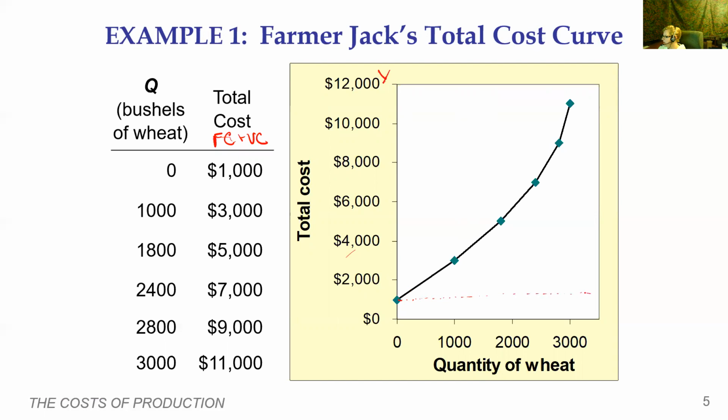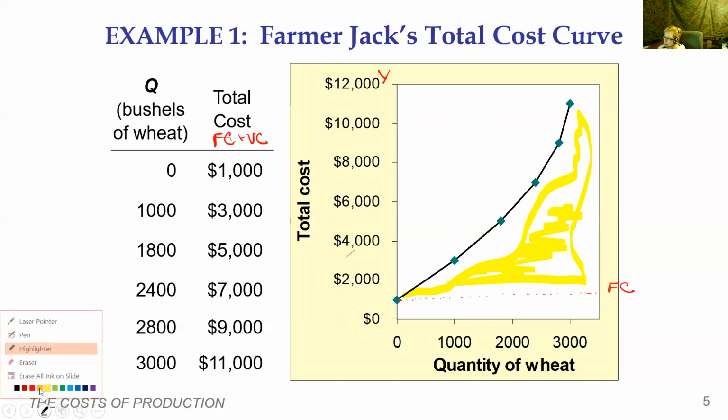Where it intersects the y-axis, if we were to follow that over like this, make a nice straight line there, that would be the fixed costs, which means that all of this section, all of this yellow here, must then be our variable cost.